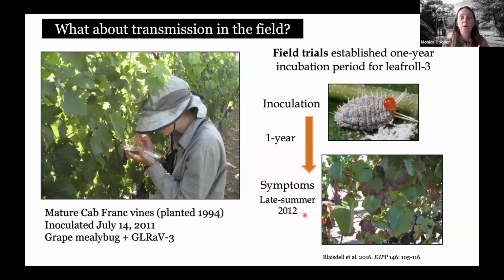So it's a 1-year incubation period between when the vine gets infected and when we can tell that it's infected because it has the visual symptoms of leaf roll 3. Of course, you can test these vines earlier than that, and some of them will test positive. They won't actually all test positive until they've had 1 full year of symptom development.